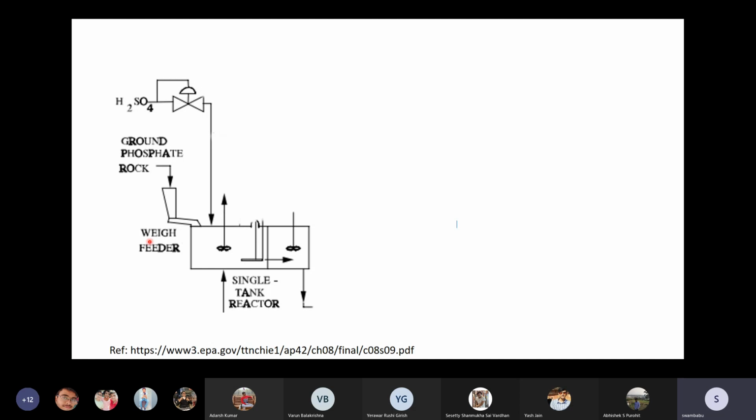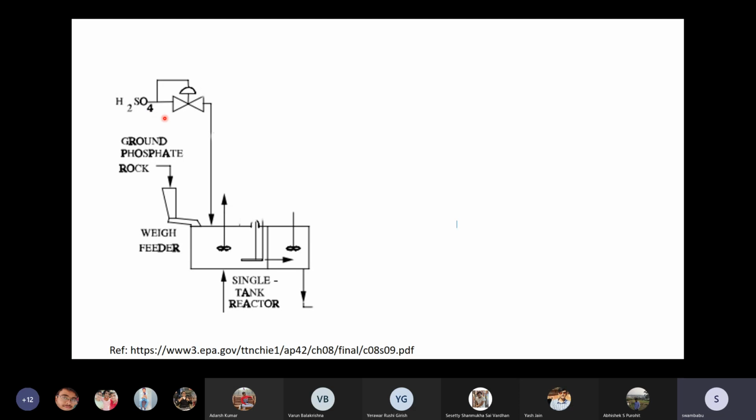Based on the weight of the particles, using this control valve, the required amount of acid will be supplied. This is a concentrated acid, and concentrated sulfuric acid is highly corrosive.